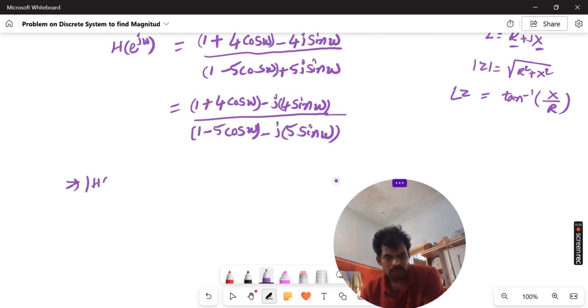Therefore, the magnitude of H of e power j omega.